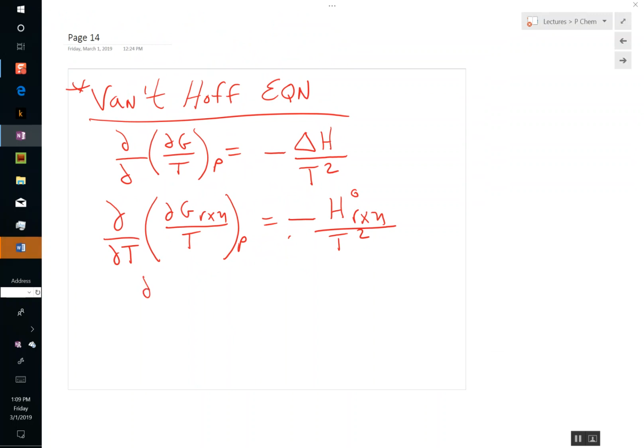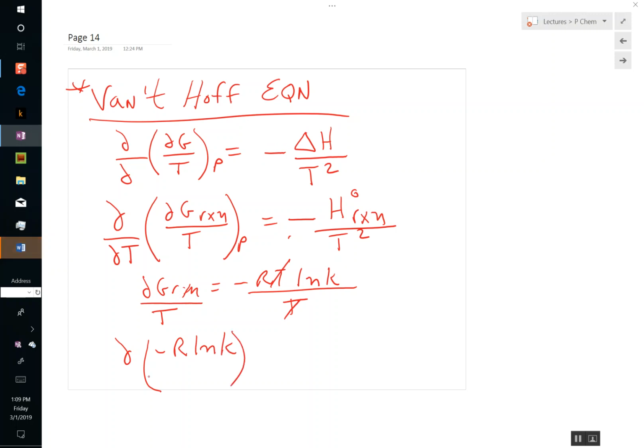Okay, now remember, delta G of reaction equals negative RT times the ln of K. Now if I divide this by T and divide this by T, okay, if I take that and divide it by T, notice T crosses out, and so if I substitute negative R times the ln of K, partial derivative of the negative R times the ln of the equilibrium constant with respect to temperature, constant pressure, equals negative delta H of reaction divided by T squared.